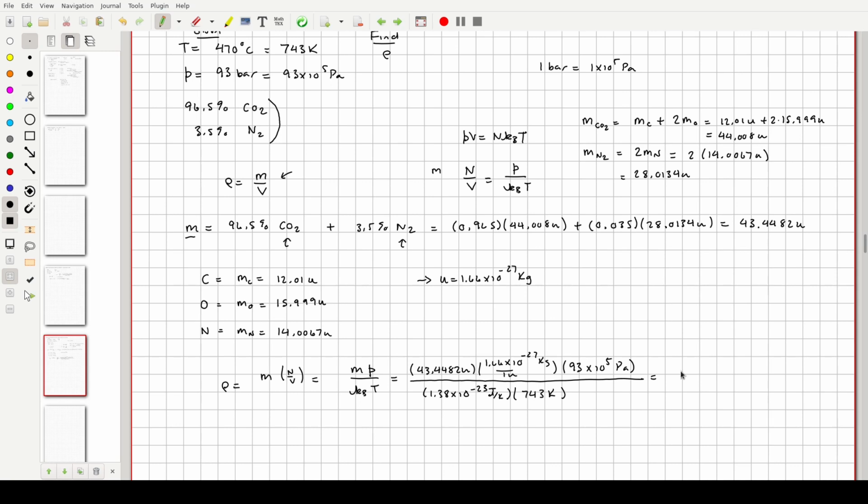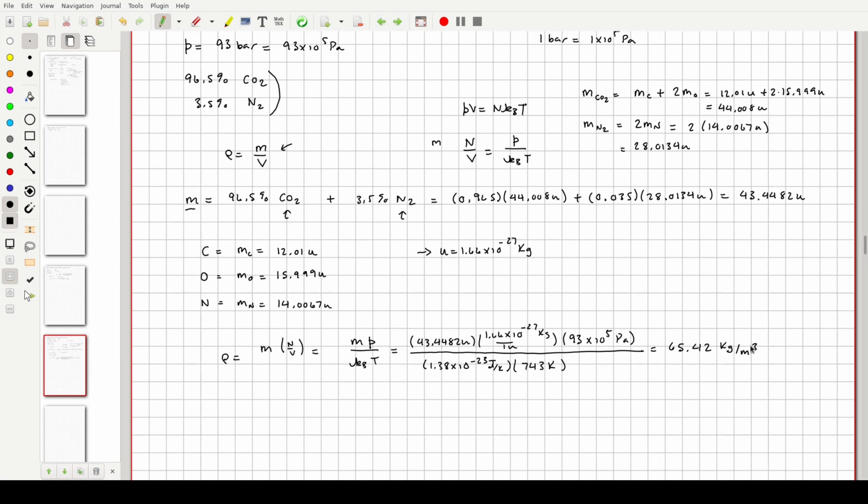Then I divide that by 1.38 times 10 to the minus 23rd, and then divide by 743. And I get about 65.42 kilograms per cubic meter.